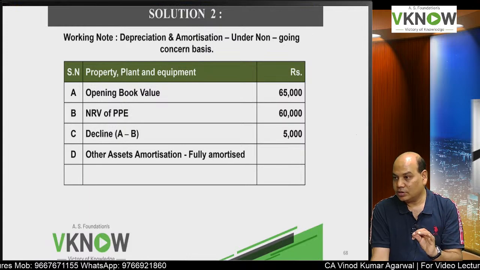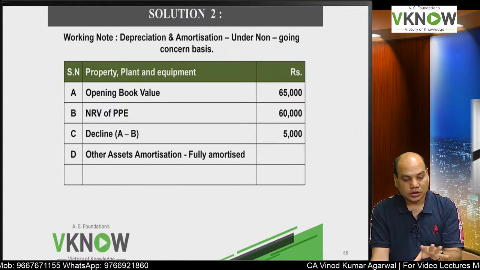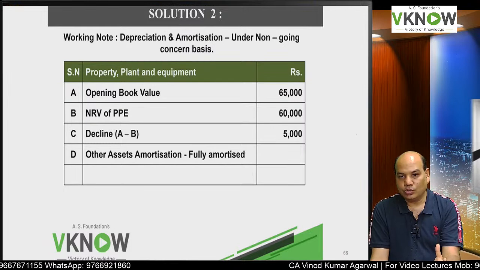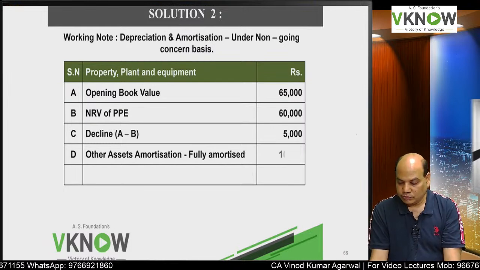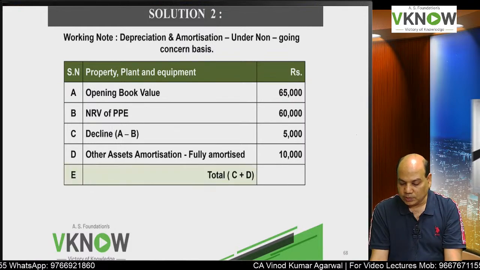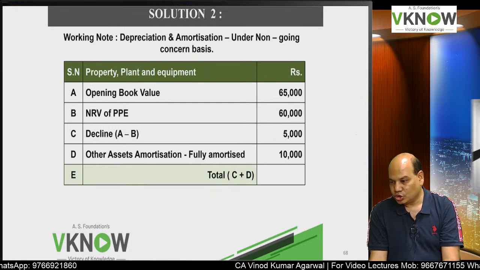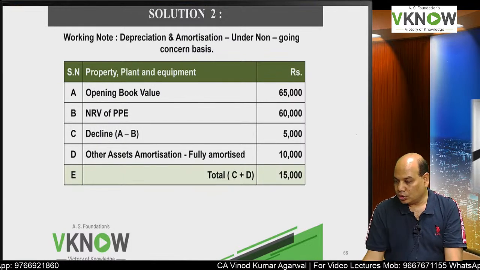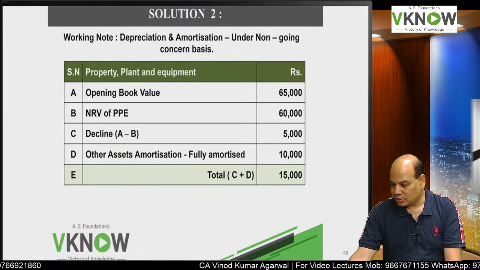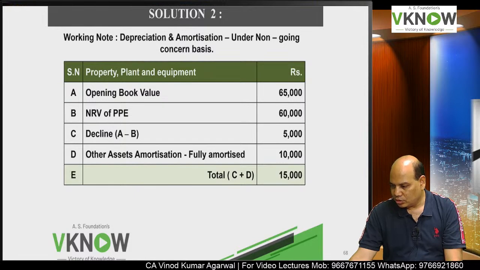Then other asset, if it is not a going concern, there is no realizable value given, will fully amortize 10,000. So total depreciation and amortization, if it is a non-going concern, will be how much? 15,000. Very good.